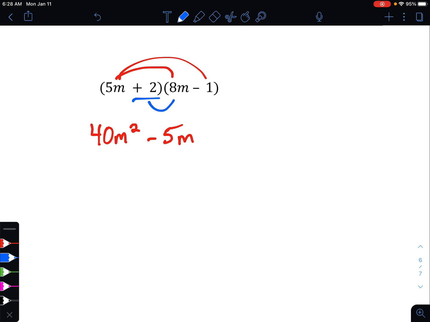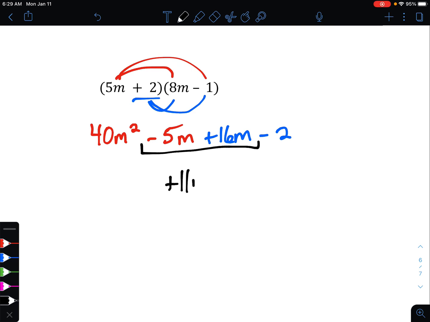So 2 multiplied by 8 is 16m. And 2 multiplied by negative 1 is negative 2. Then we'll take a look once again at these middle two terms. Negative 5m plus 16m is a positive 11m. We'll copy down our 40m squared, copy down our minus 2.